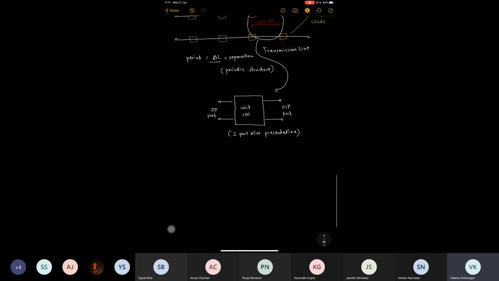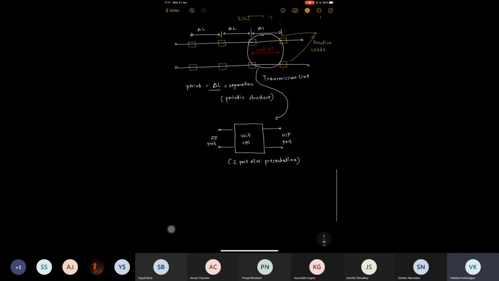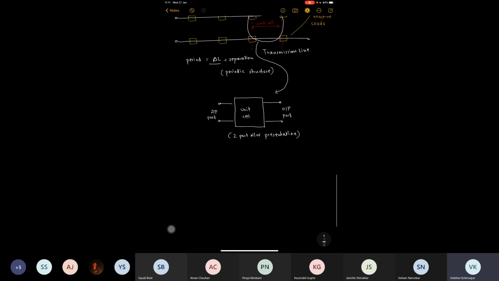Now let us see what will happen when you terminate this unit cell, which is representing a part of the transmission line, with a certain load. We call this topic terminated periodic structures.